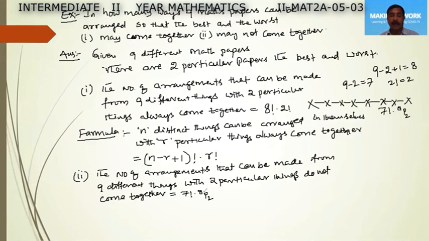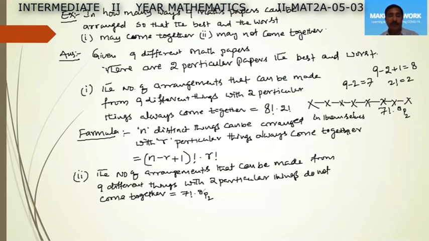And next, this arrangement is arrangement of 2 particular elements in between and at either of the ends of the 7 elements so arranged. After arranging these 7 elements, in between every 2 elements and at either of the ends, we will have 8 blanks. In those 8 blanks, these 2 particular elements can be arranged in 8P2 ways.